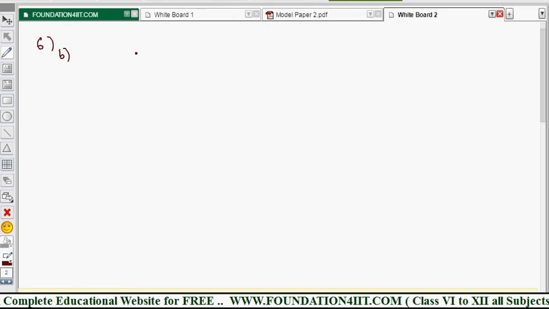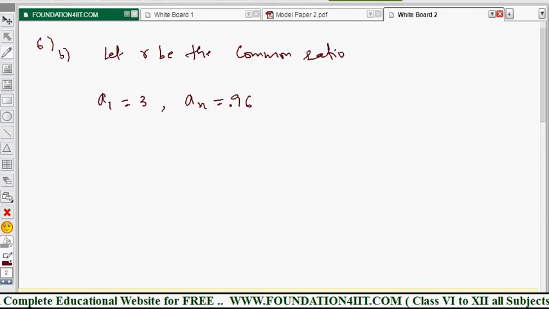So let R be the common ratio. Our ratio is not given. As per the given data, A1 is equal to 3 and AN is equal to 96. Nth term is 96. Then AN formula is A into R to the power n minus 1, right? That is 96.